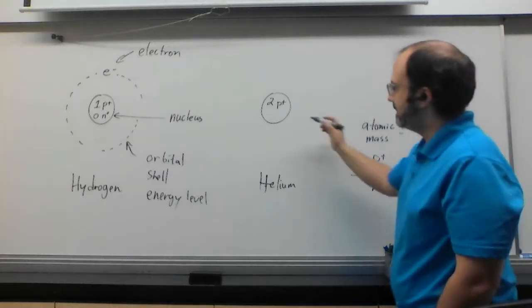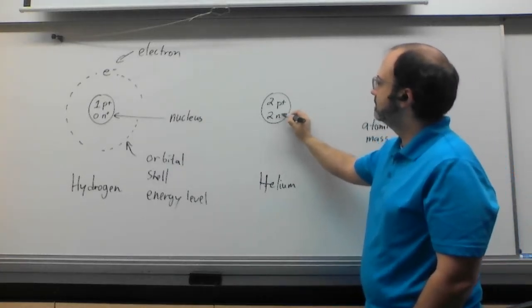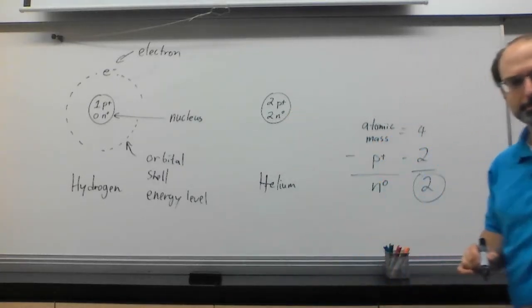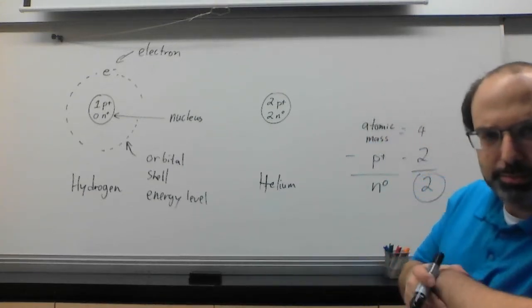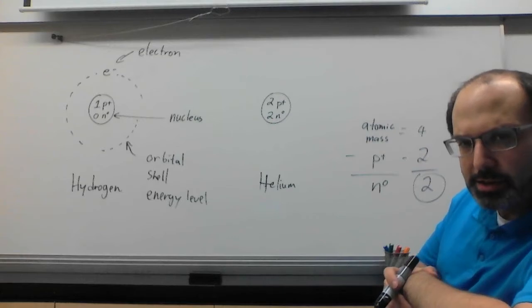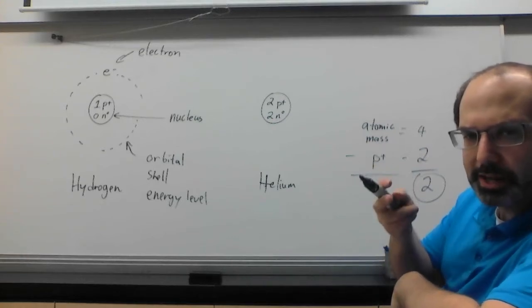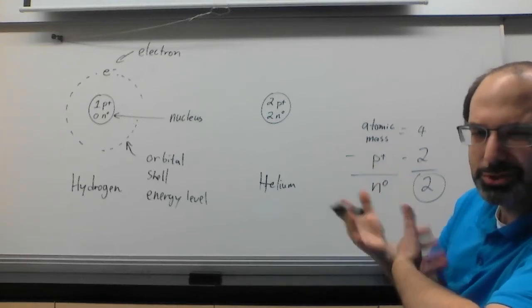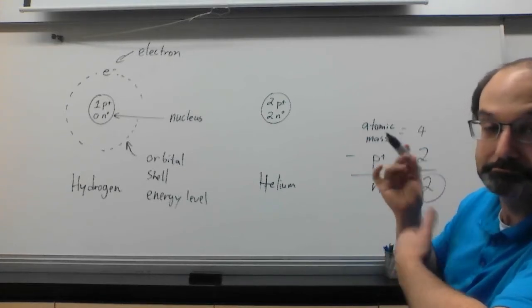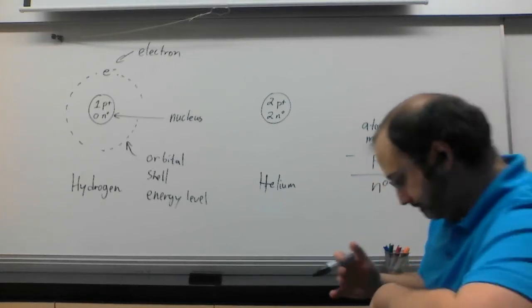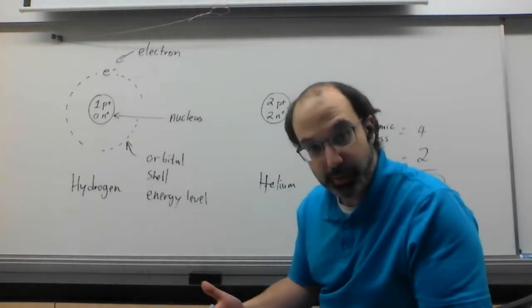So there must be 2 neutrons. Hopefully that all made sense. Hopefully you were able to work through the different practice sets about this the other day, right? Atomic mass minus atomic number equals the number of neutrons. Of course, the reason for that is because the atomic mass is made by taking these 2 and adding them together.